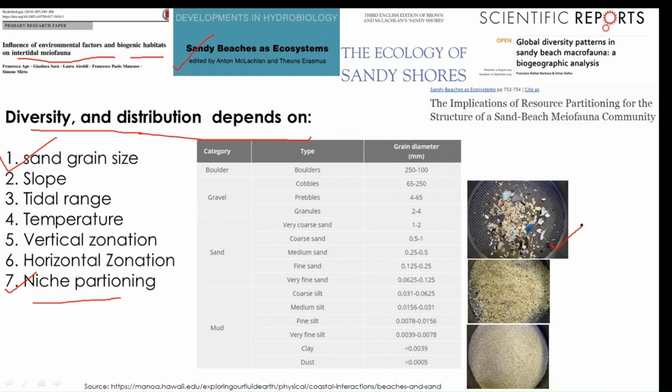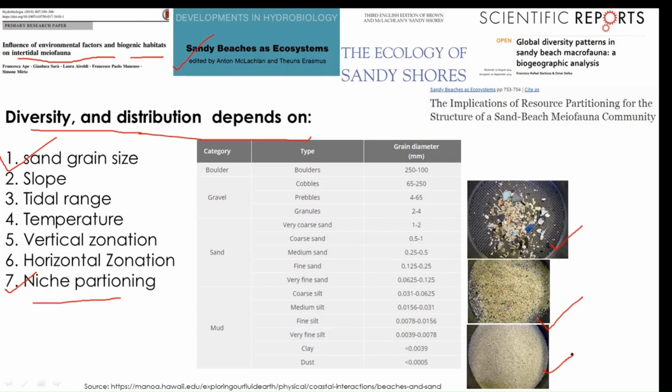In the figure, you can see a very coarse, or I mean a boulder or gravel size of the grain size. Then you can see a normal sand with the coarse nature. Then you can see a very fine silt or fine silt sands. Why do you think that this sand grain size affects the biodiversity?